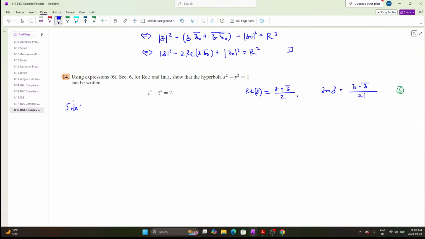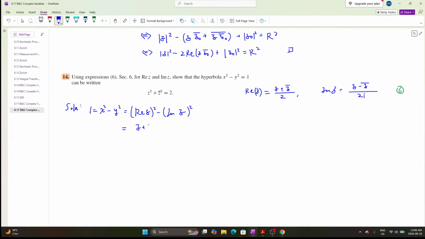Okay, so basically here, let's say 1 equals x squared minus y squared. x is the real part of z, and y is the imaginary part of z. So you use the formula for the real part and imaginary part.